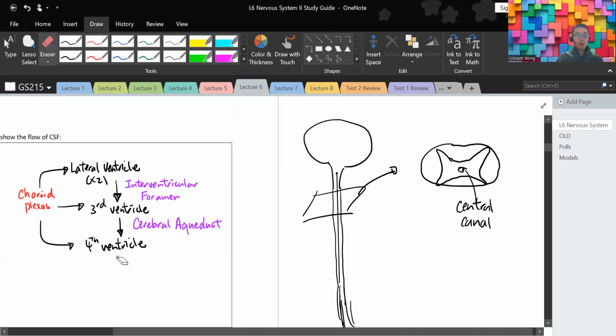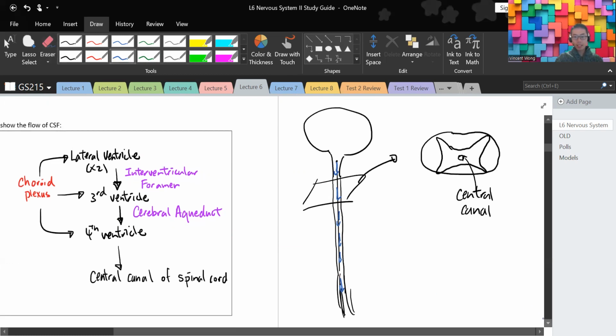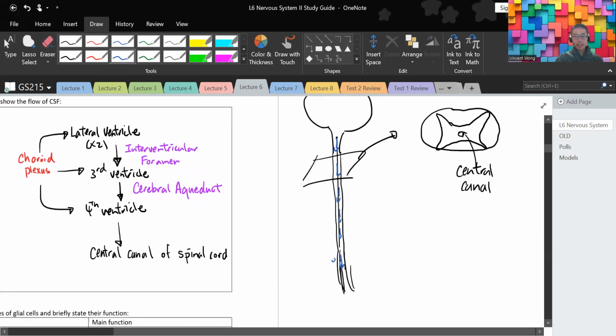So after the fourth ventricle, the CSF is going to go into the central canal of the spinal cord. It's going to go down in the middle until it comes out at the bottom where it frays out like a ponytail. And then it's going to go back up through the subarachnoid space, and it's going to go back up on the other side as well.